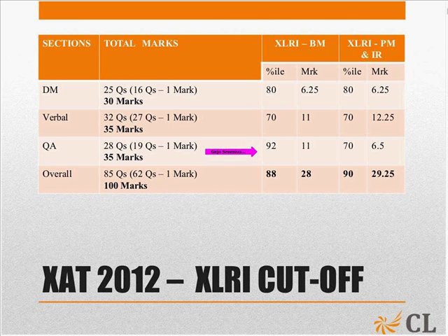So what XLRI BM is saying is that I will look at all those students who got 80 percentile plus in decision making, 70 percentile plus in verbal, and 92 percentile plus in QA, and an overall percentile of 88 in the entire paper. So this is a PM and IR cutoff for the XLRI.